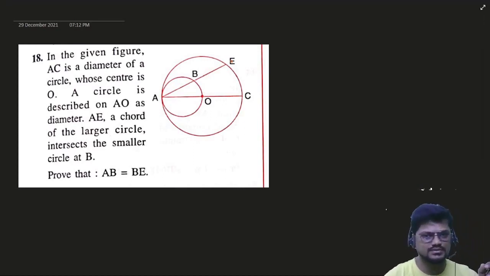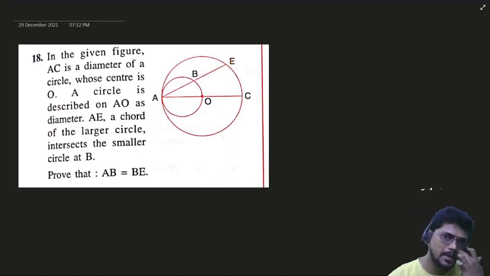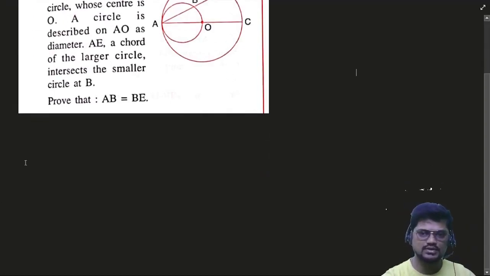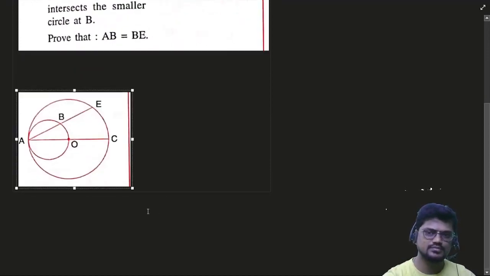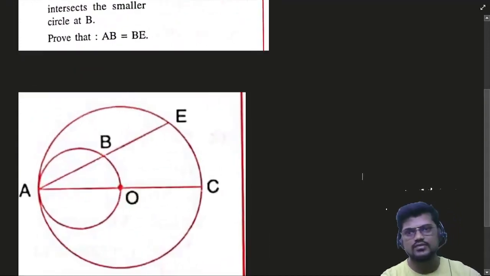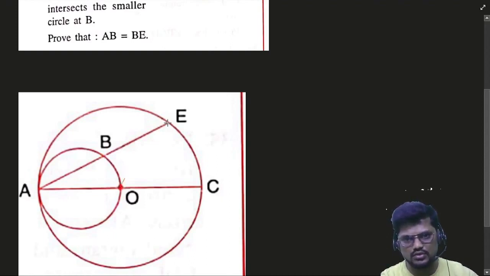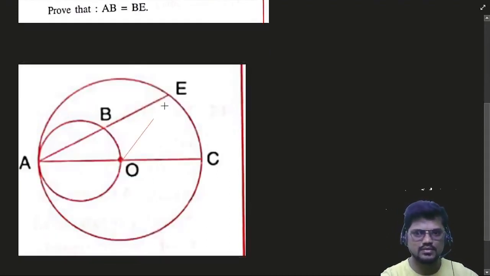So how can we prove this? Okay. So what we can do in this figure is draw the line from O to E. This will be an isosceles triangle.